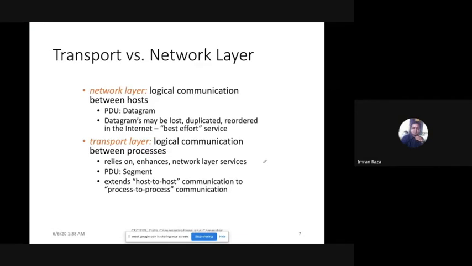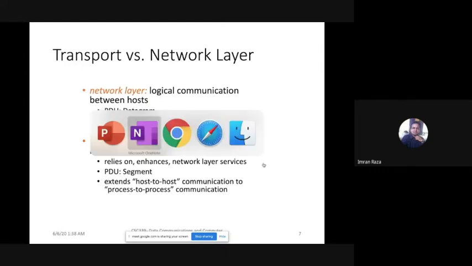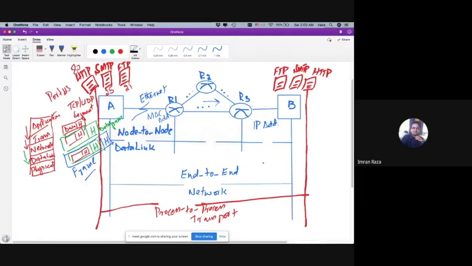Okay, so here it's very important to identify the difference between the network layer and the transport layer. The network layer, as we have just seen in this scenario, provides logical communication between the hosts or the ends. The responsibility of the network layer is to provide logical communication between the two ends, regardless of the links in between, regardless of the core network here.